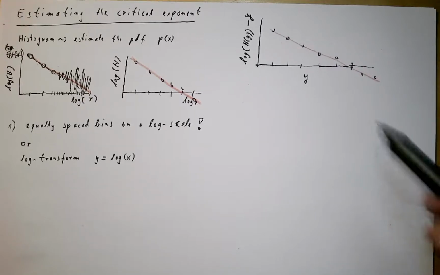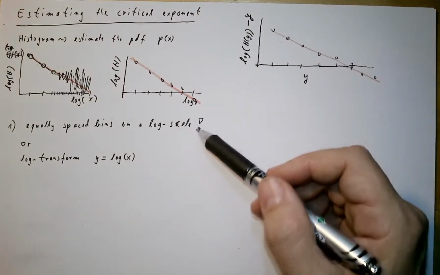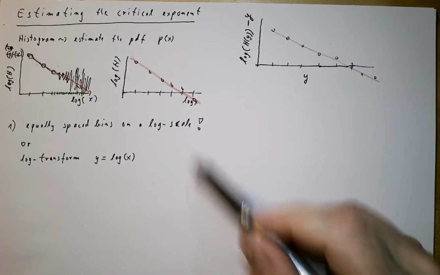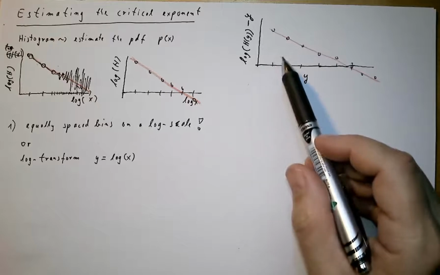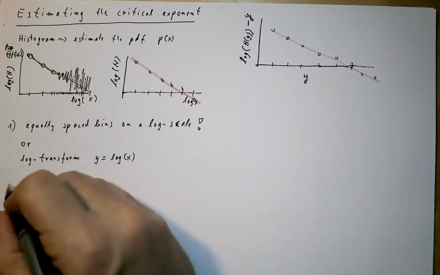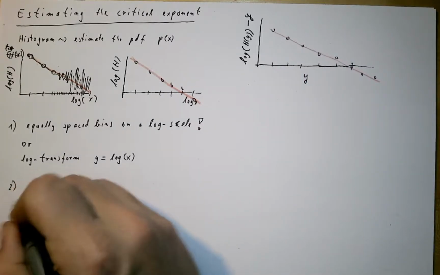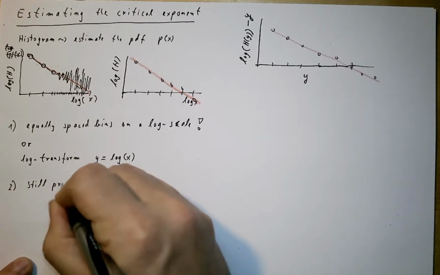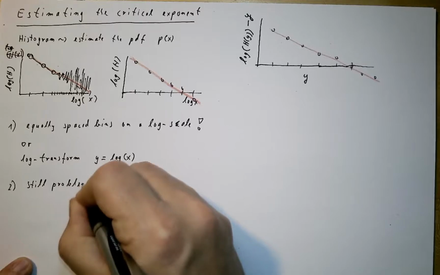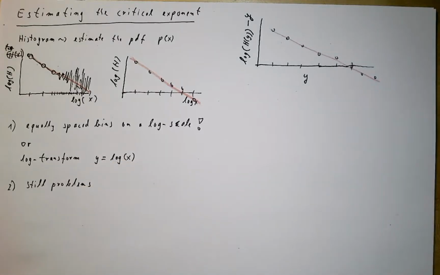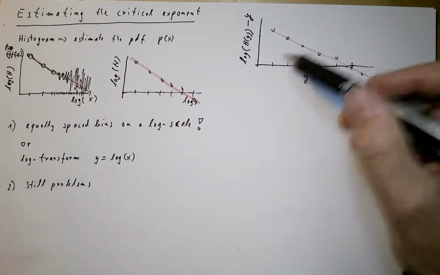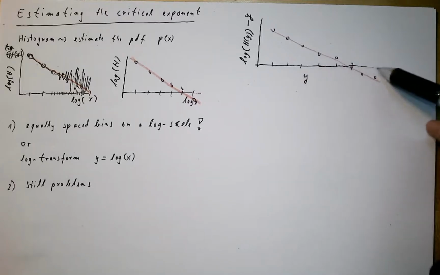Now the next thing is, even though that's very important, many people recommend not to rely too much on this. There are still problems. This has to do with the fact that in such a plot we're speaking about very, very different scales.